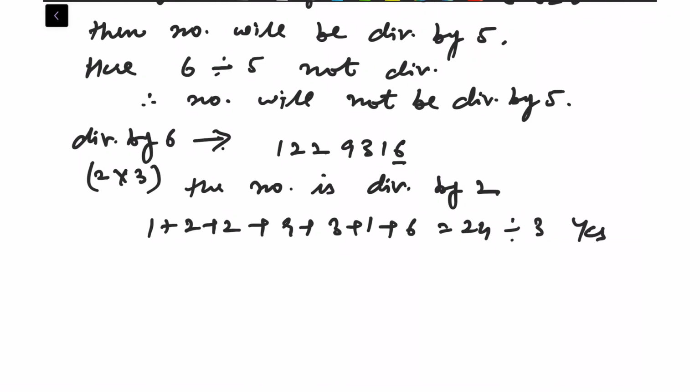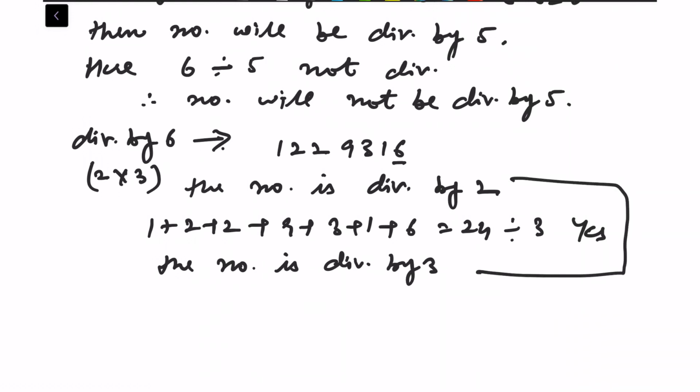Is it divisible by 3? Yes, then the number will be divisible by 3. Here we have seen that the number is divisible by both 2 and 3.